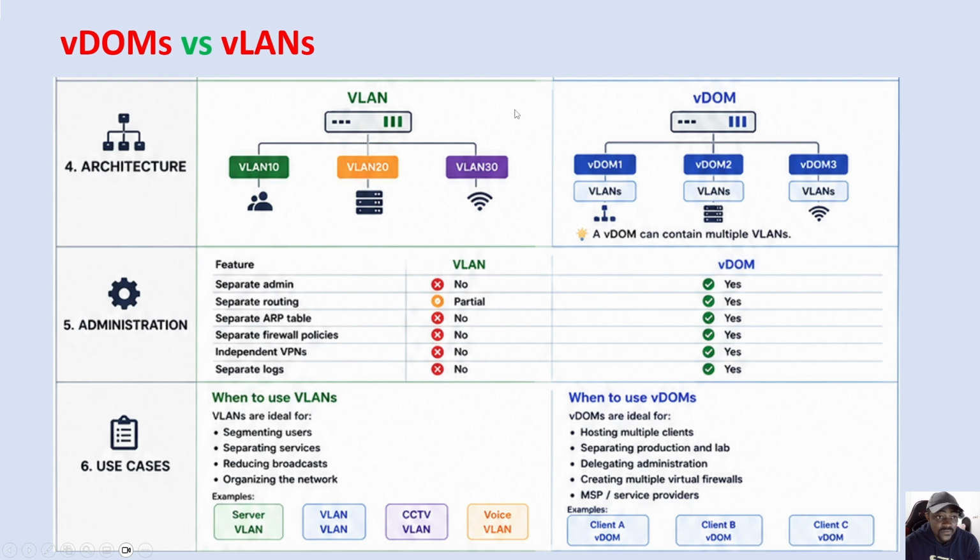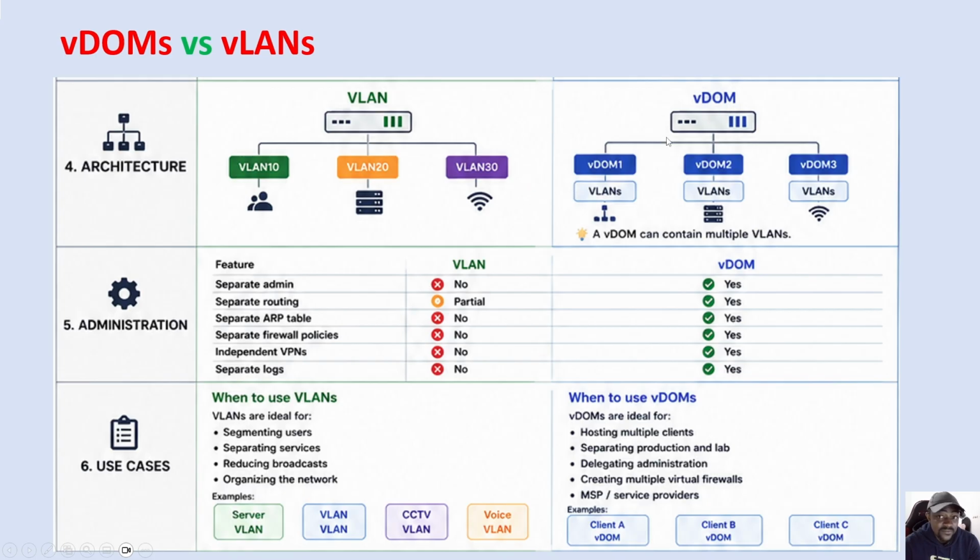With VLANs, on your FortiGate device, you create separate VLANs, and for each of the VLANs, you assign the services or the users: the users, the servers, Wi-Fi. While with vDOMs, on your FortiGate device, you are going to create multiple vDOMs. Then on each vDOM, you can create multiple VLANs, because each vDOM can contain multiple VLANs. So that's the main difference.